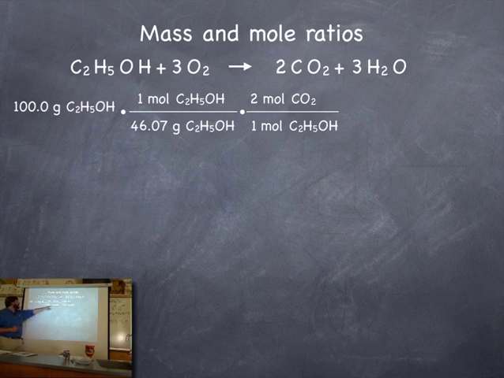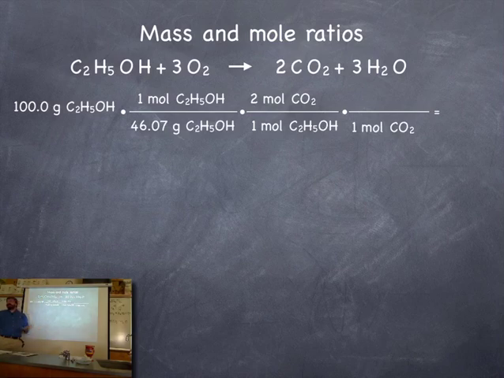Remember, grams canceled grams, moles of ethanol canceled moles of ethanol. I have moles of carbon dioxide. I want to convert the moles of carbon dioxide into grams of carbon dioxide. Where could I get a ratio that would tell me moles to grams?